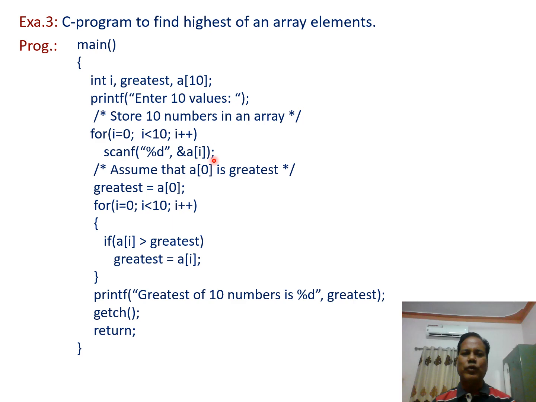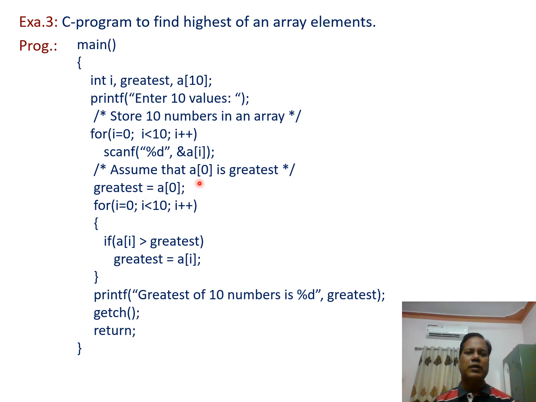Then after storing, here we write greatest equal to A[0]. We have to find the greatest value, so initially we assume that A[0], the first element, is the greatest. Then we compare this first element with the second element. If the second element is greater than the first element, then the greatest value is set as the second element.